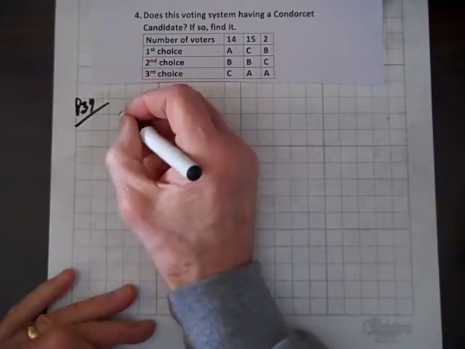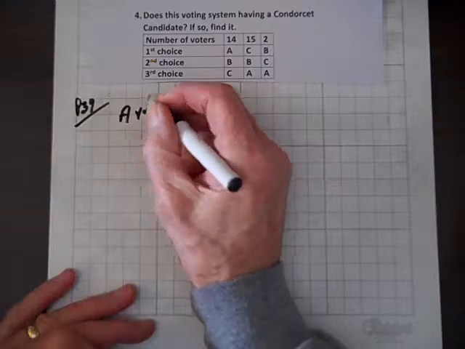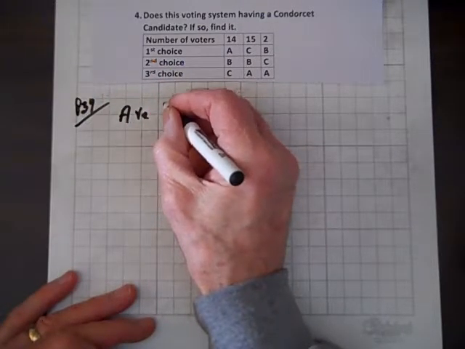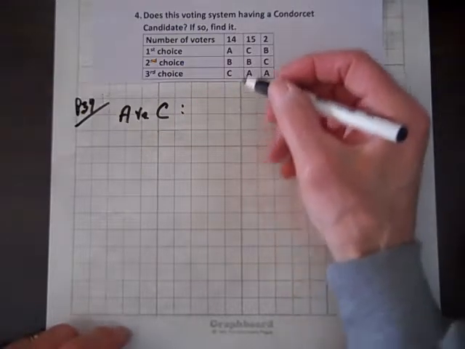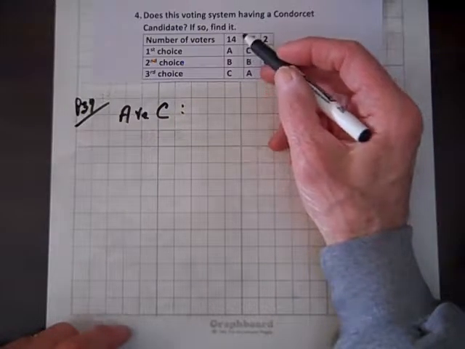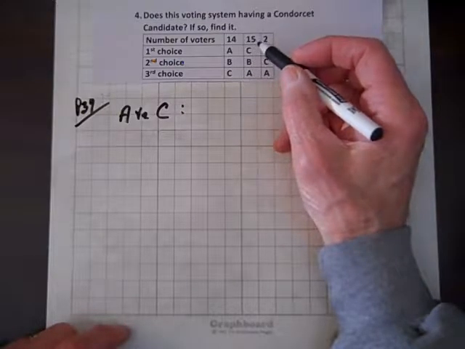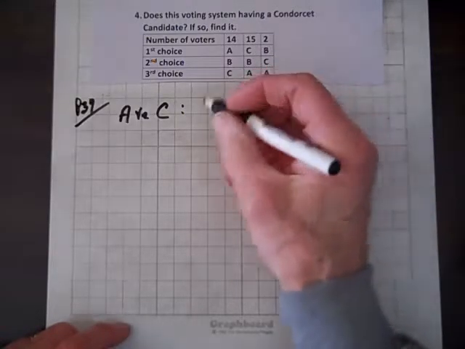So let's compare A versus C and see what we get. So A is above C 14 times here, 14 votes here, but it's below C in the next two columns.